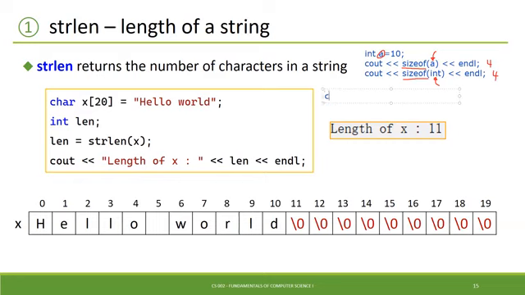If you use cout, let me do this. Int A[5], cout sizeof A. Okay, what will be the output of this one? What is the output here?